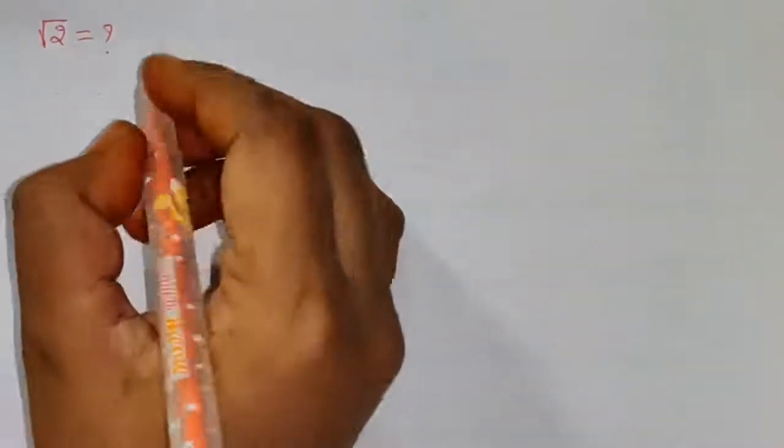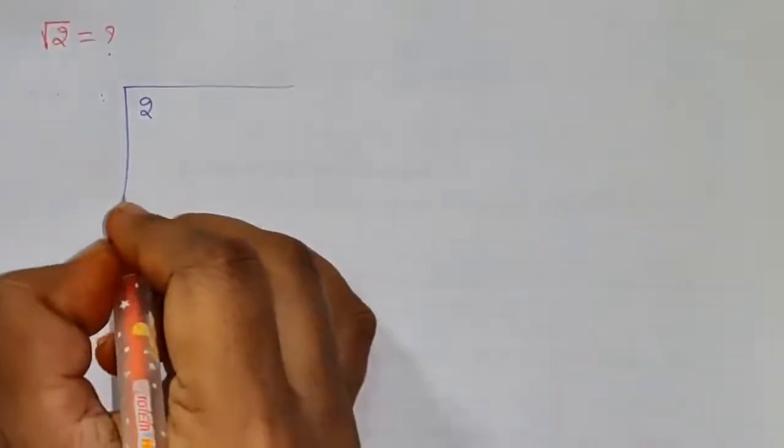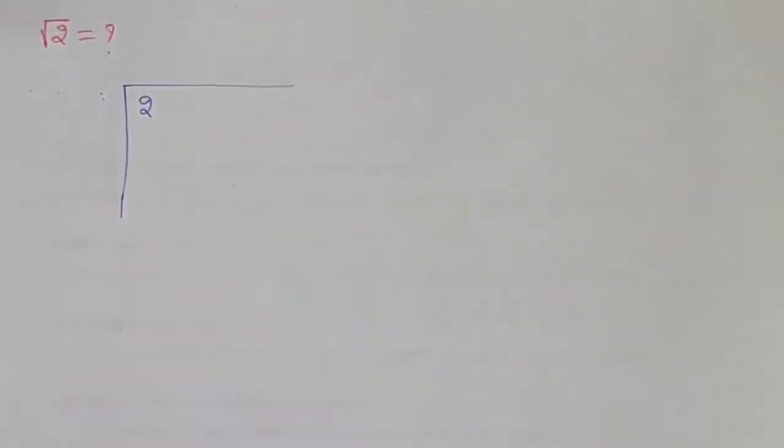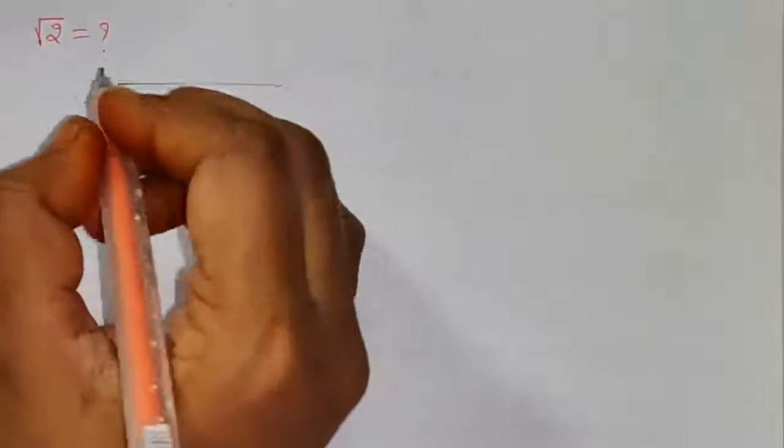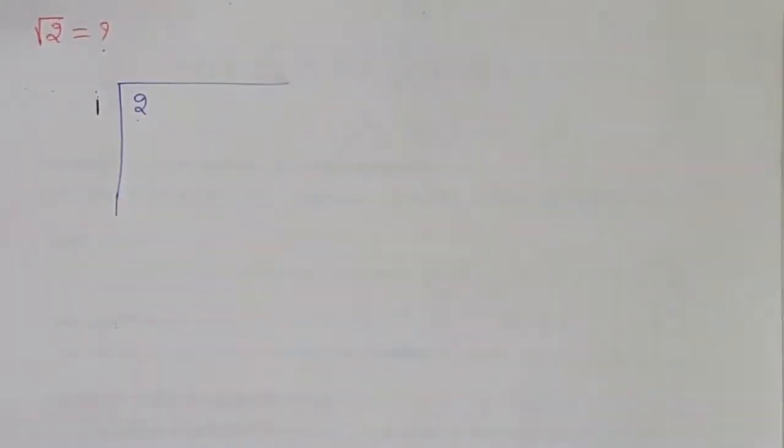So for 2, the first step is to take the number whose square is less than 2. Obviously 1 has a square less than 2, because 1 squared is 1. When you take 2 squared, it is 4, which exceeds 2.